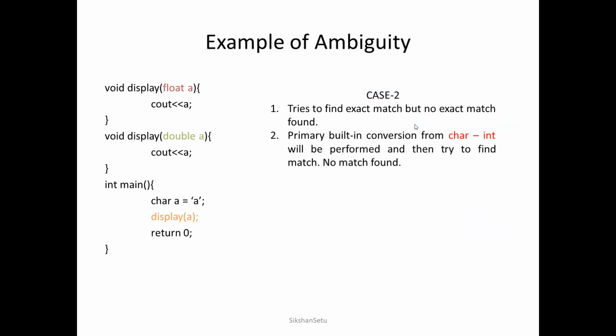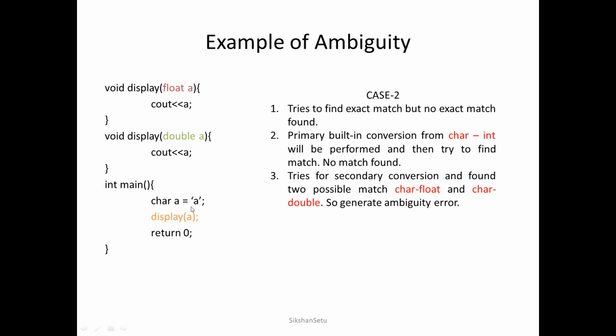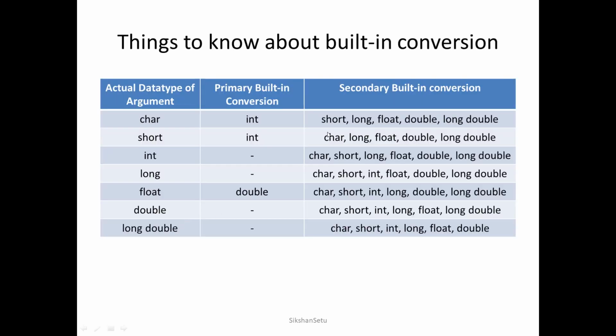Take it again: no character is found, it will be converted into integer, but no exact match for integer is found. Then the compiler will be performing secondary conversion. So in secondary conversion, what are the possible options? It can be short integer, long integer, float, double, long double. These are the possible conversion options.